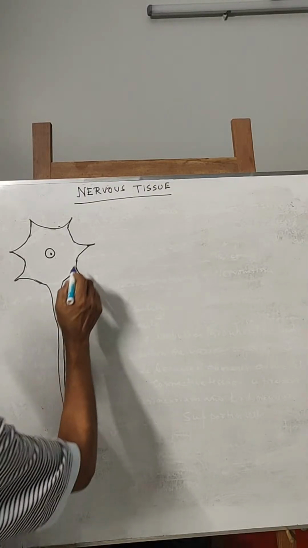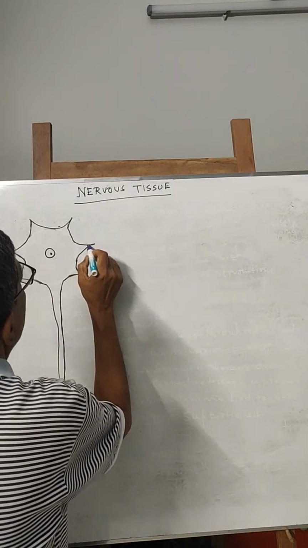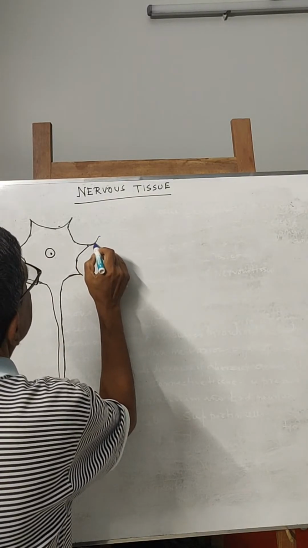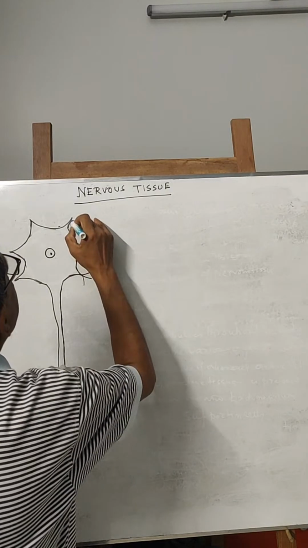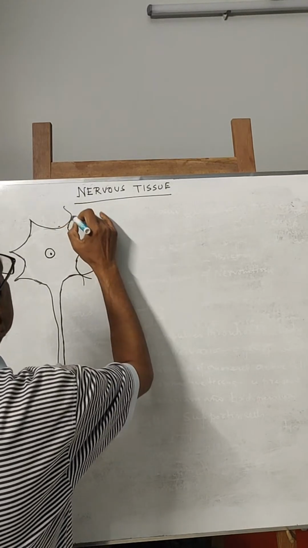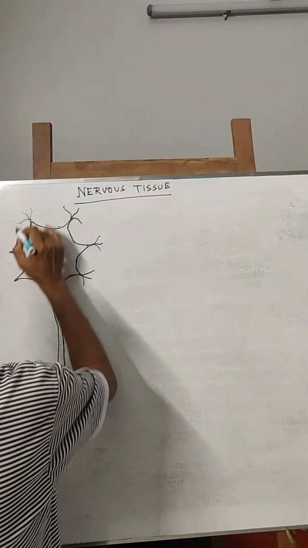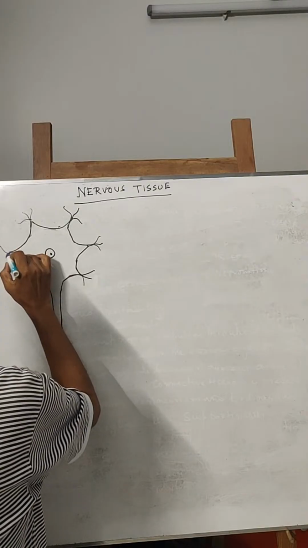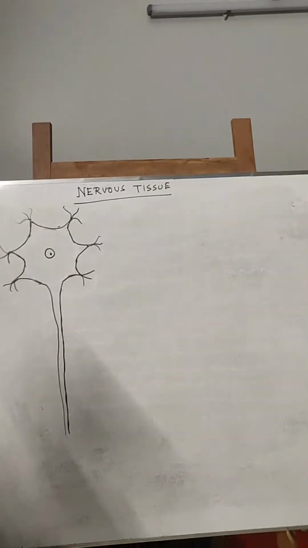Next, the short process is called dendron, which is divided into various branches called dendrites.